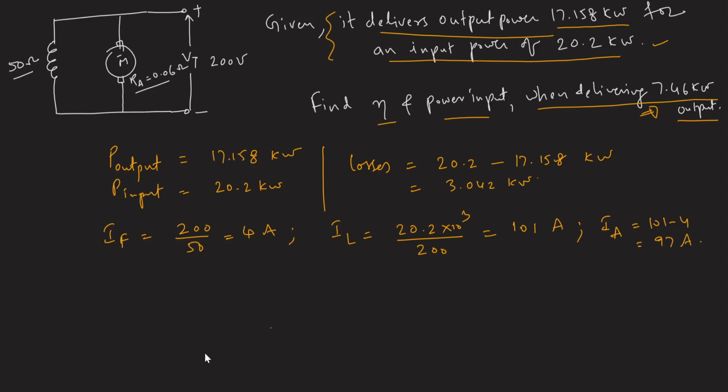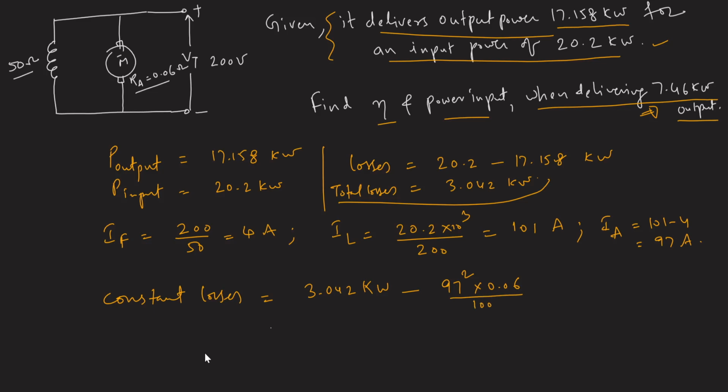From the total losses we obtained, let us subtract the copper losses to get the constant losses. So constant losses is equal to total losses, that is 3.042 kilowatts, minus the armature copper losses, that is 97 squared into 0.06. This is in watts, so if I divide this by 1000, I'll get kilowatts, because I have used kilowatts here.